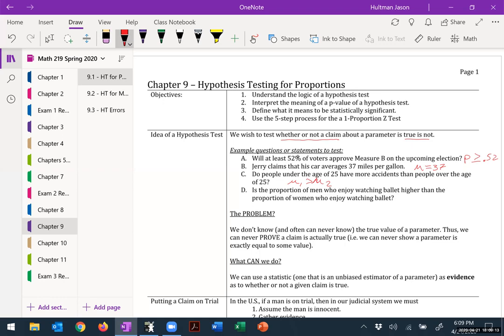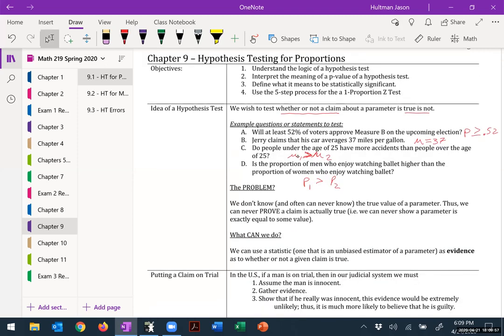So we would set up two averages, the number of accidents people under 25 have compared to people over 25. And part D, is the proportion of men who enjoy watching ballet higher than the proportion of women who enjoy watching ballet? Again, this is a proportion, so is P1 greater than P2? Different things that we're comparing.